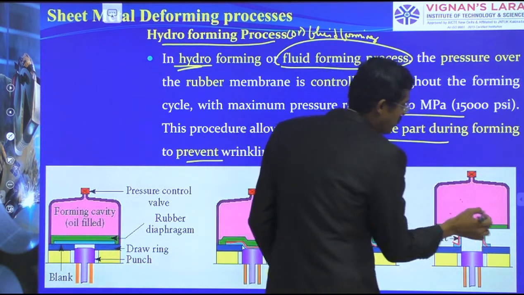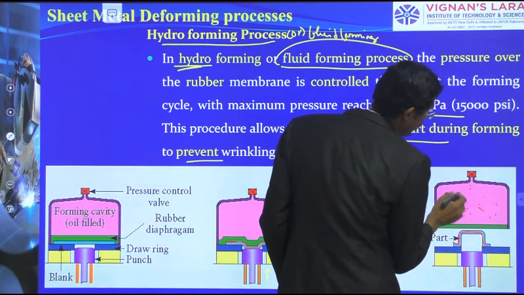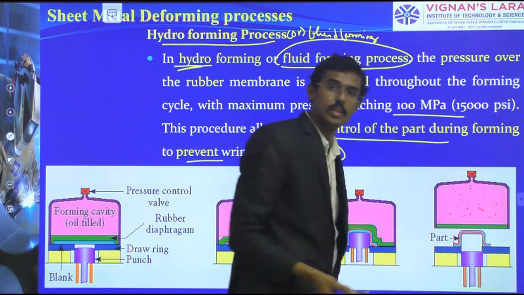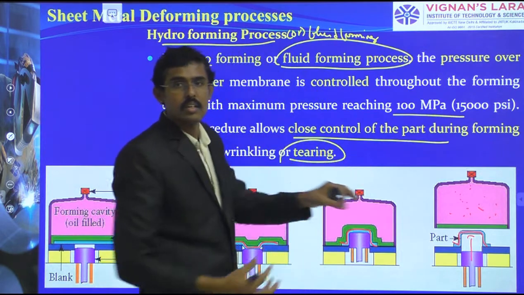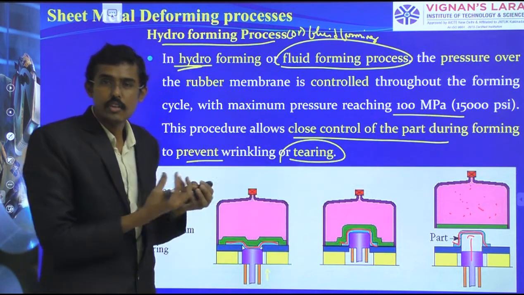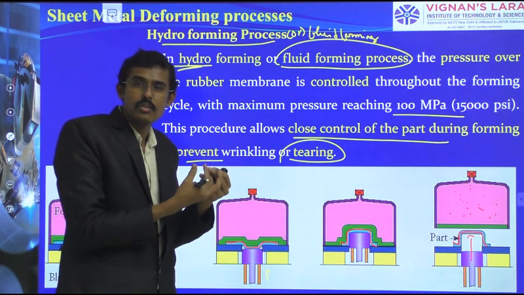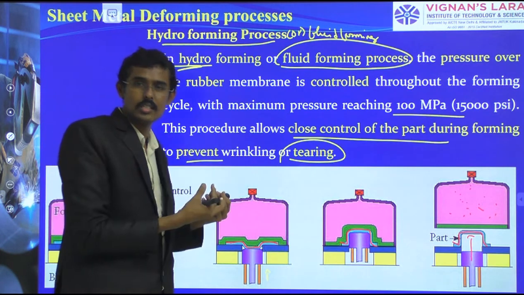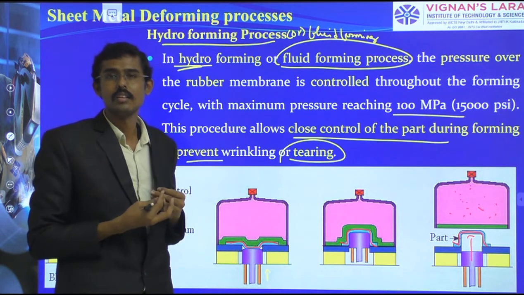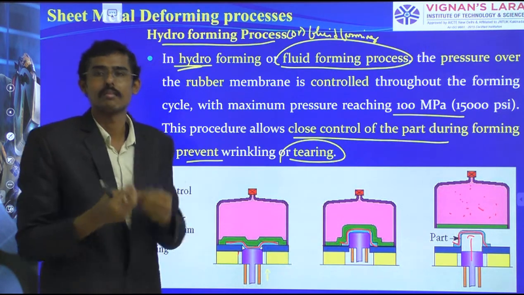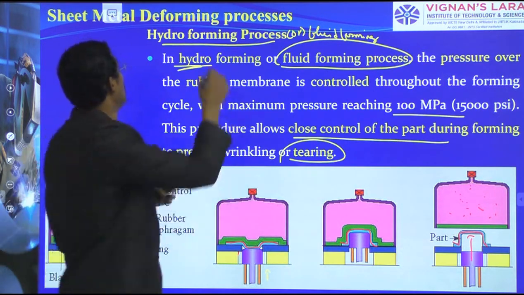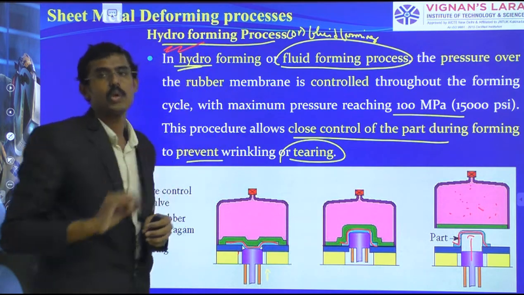So here we have a fluid which is going to dump when this is present. When the punching action has been done, it dumps on the fluid, and this fluid provides resistance. This resistance causes the smooth operation of creating the cup features without failure. Therefore, I am using this hydroforming process.